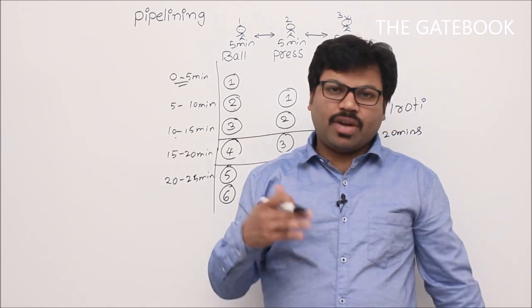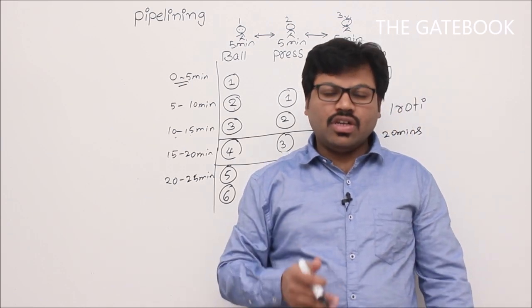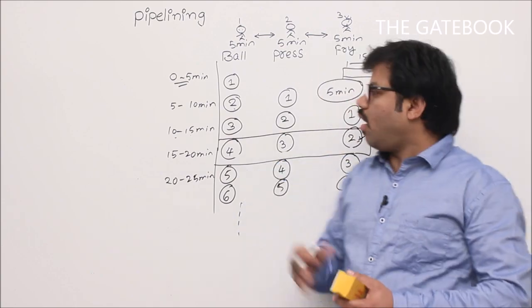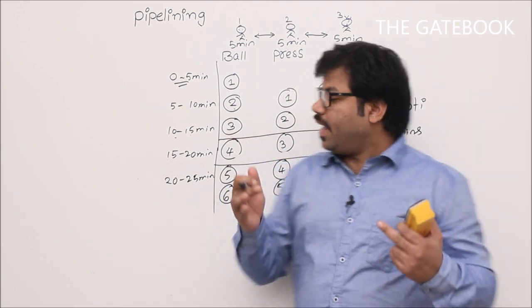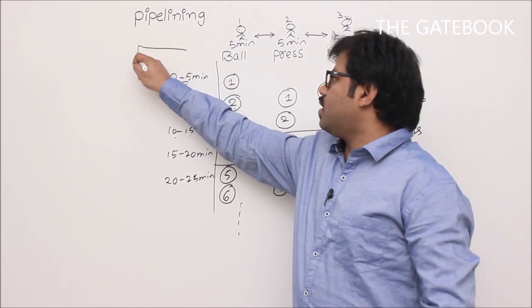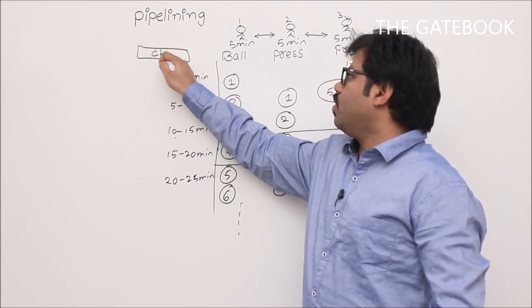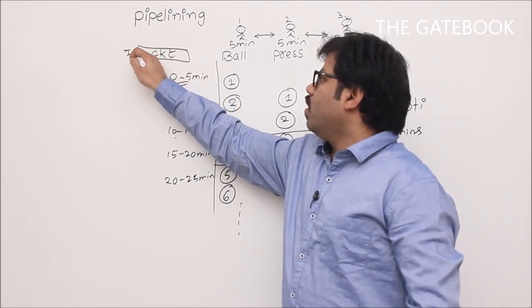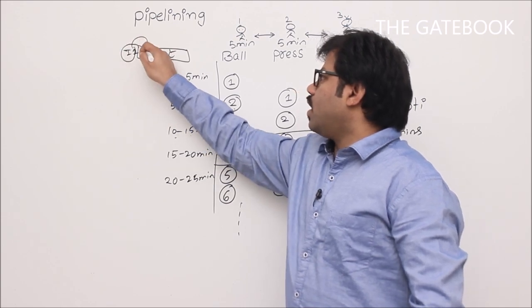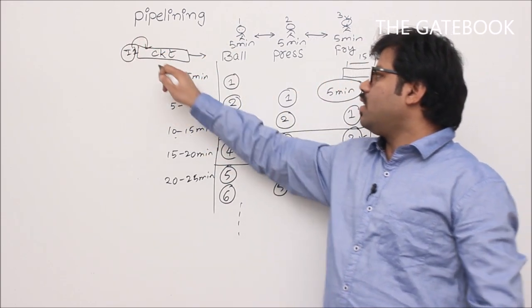Now the same thing we apply for our instruction execution. Let's say this is a circuit, and when you give instruction number 1 to this circuit, it is going to execute. Let's say it takes 15 minutes.